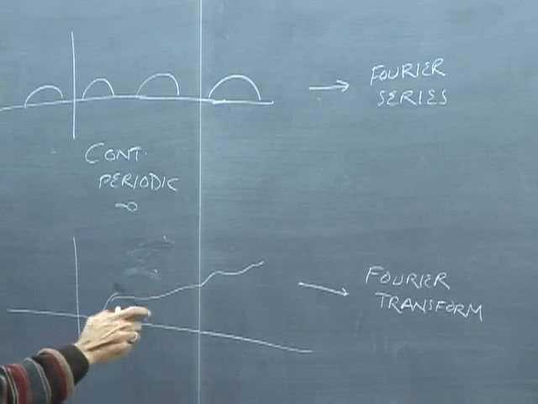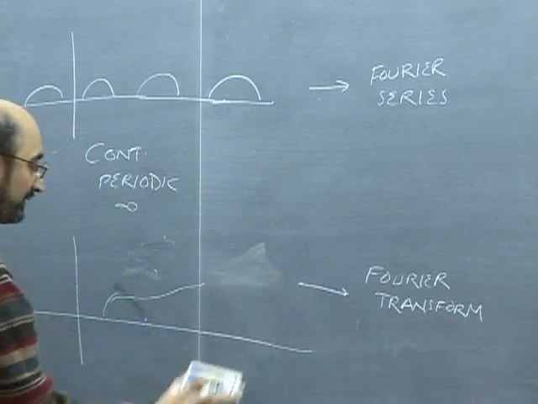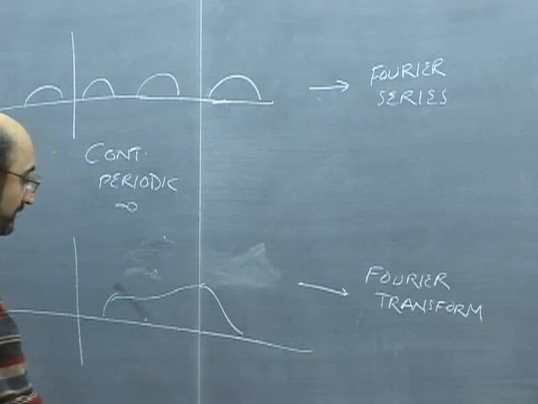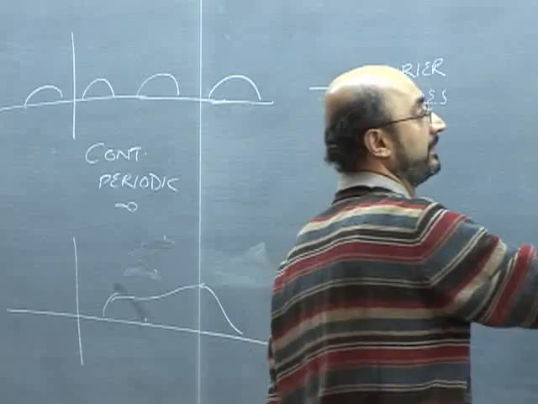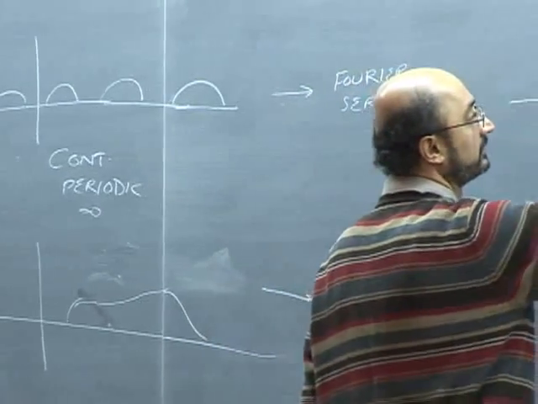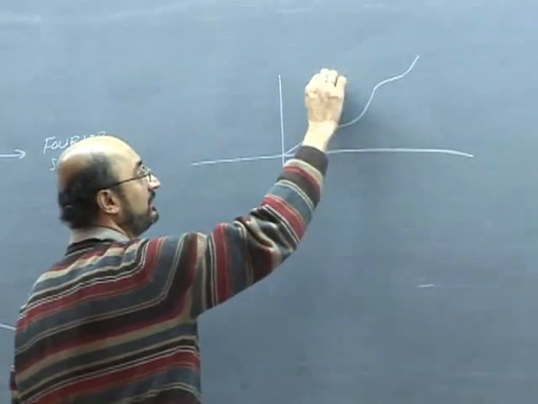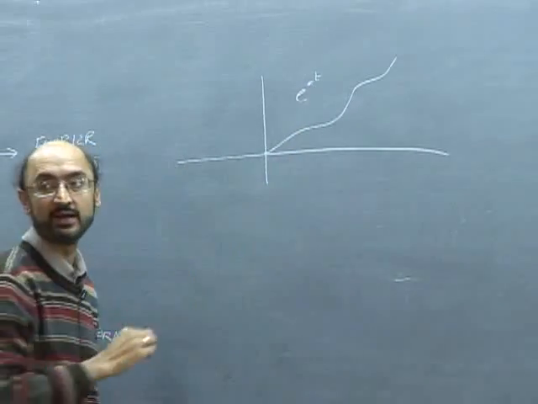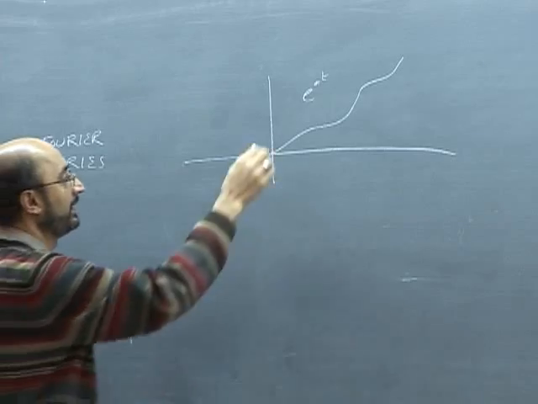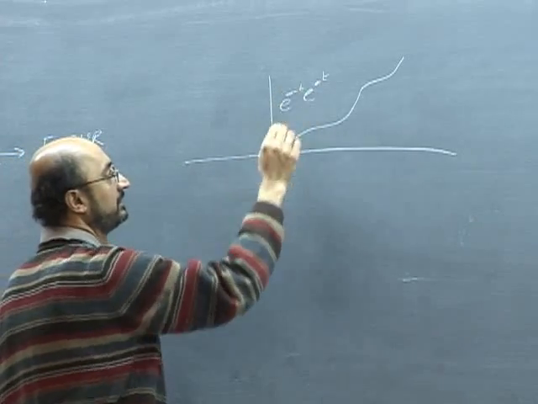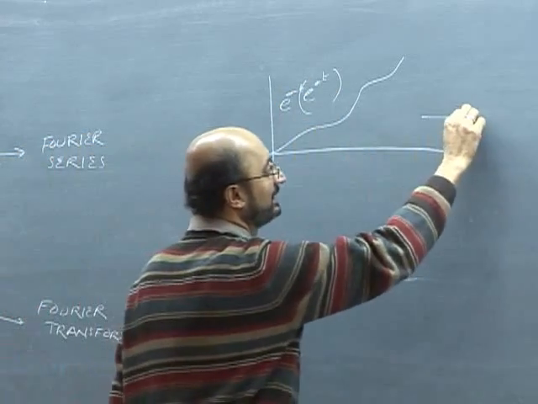So to come back to this, if it's absolutely integrable like this, we can use the Fourier transform. But if it is not absolutely integrable, like e to the at, then we need to pre-multiply it with some kind of exponential to bring it down, e to the sigma t, and this gives us the Laplace transform.